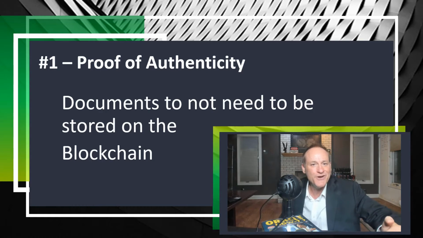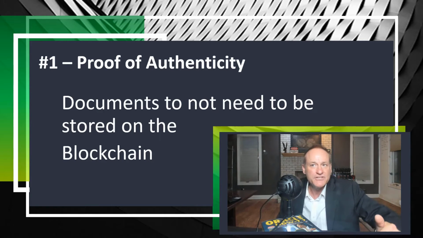Now, one of the things we always talk about the blockchain being terrible at is storing data. The blockchain makes a terrible database. So in this case, because of cryptographic hashing, we can store these hashes of this data on the blockchain. So we're not storing a ton of data on the blockchain, and we're still using the blockchain for what it's good for.